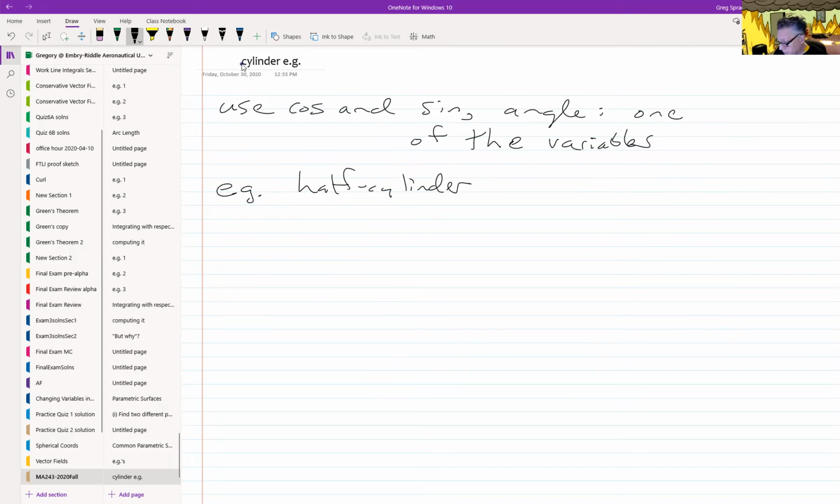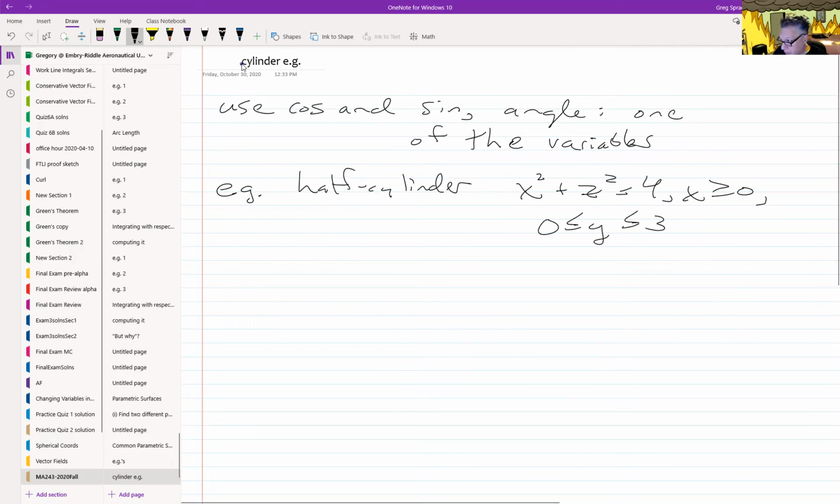Here's an example. The half cylinder, x squared plus z squared equals 4. X is non-negative. Y is between 0 and 3. Well, a sketch actually is kind of helpful this time.